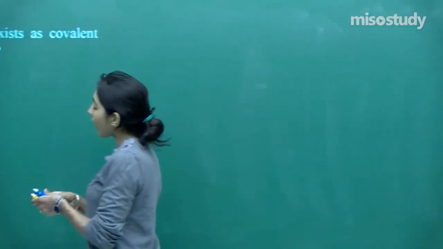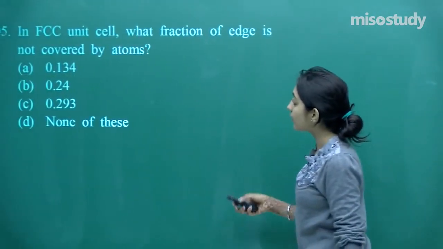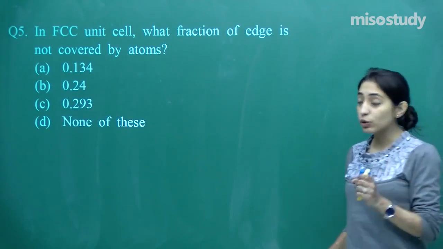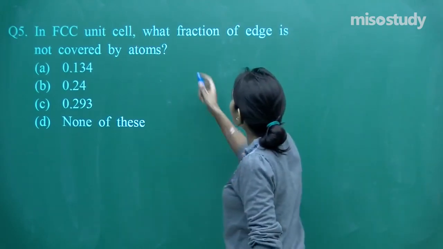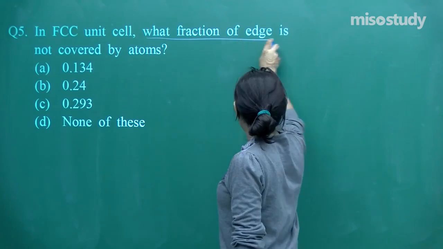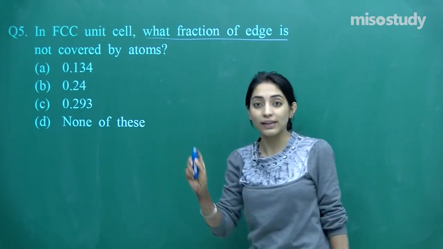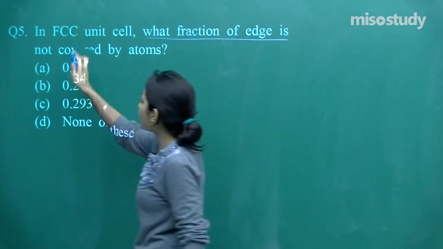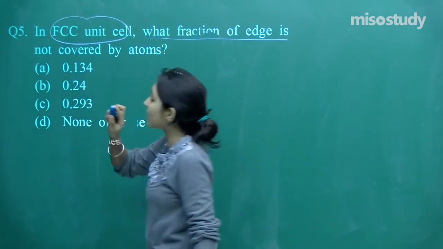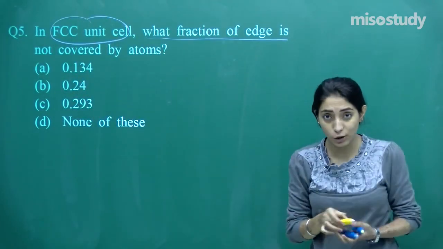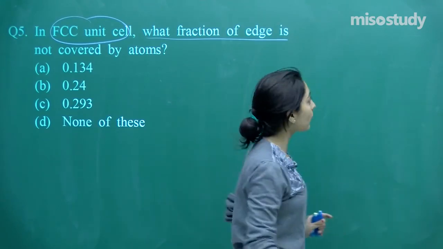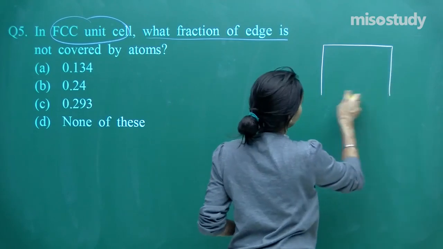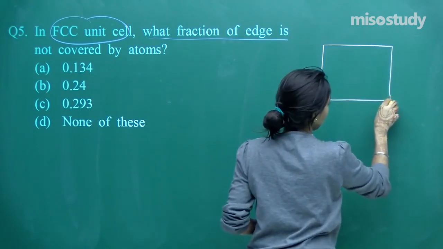Question number 5 says: in the FCC unit cell, what fraction of space is not covered by atoms? So first of all, I have no idea, but the only thing that is given to me is a face-centered cubic unit cell. So if it is talking about a face-centered cubic unit cell, I can draw the structure like this.